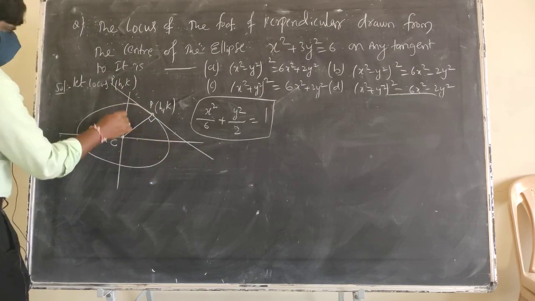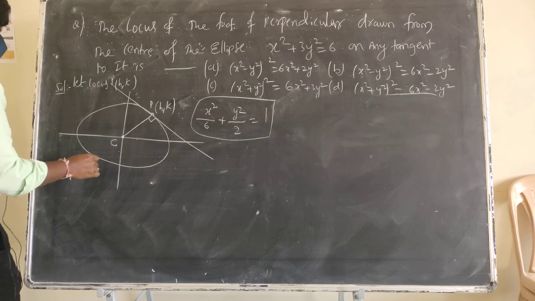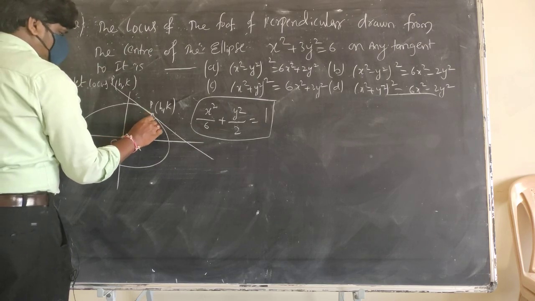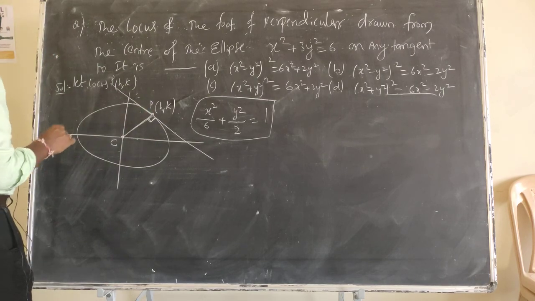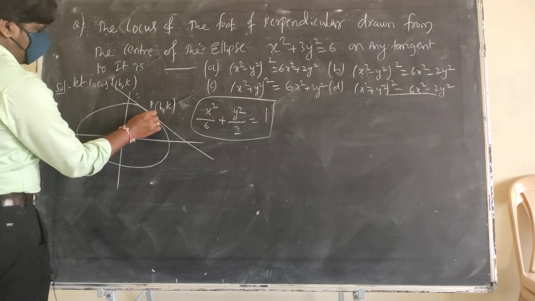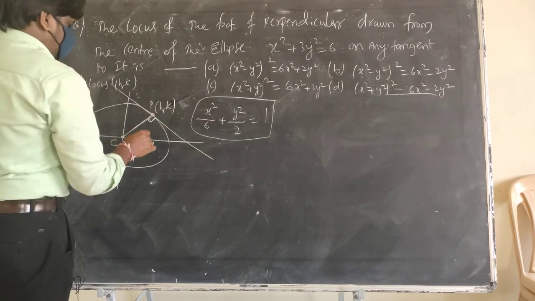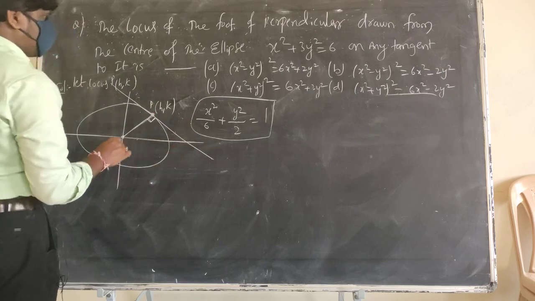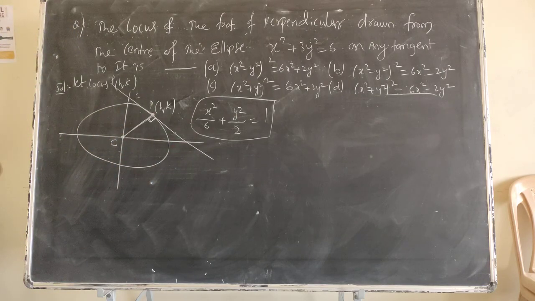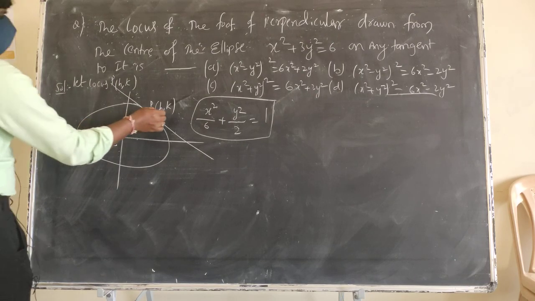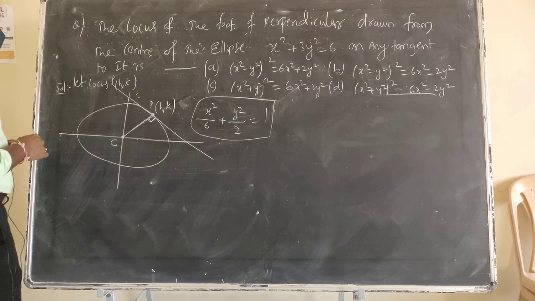If I draw a tangent here, here, here, and I draw a perpendicular to each, then the foot of the perpendicular is h comma k. So all these feet of the perpendicular make a locus, and you have to find the equation of that locus.